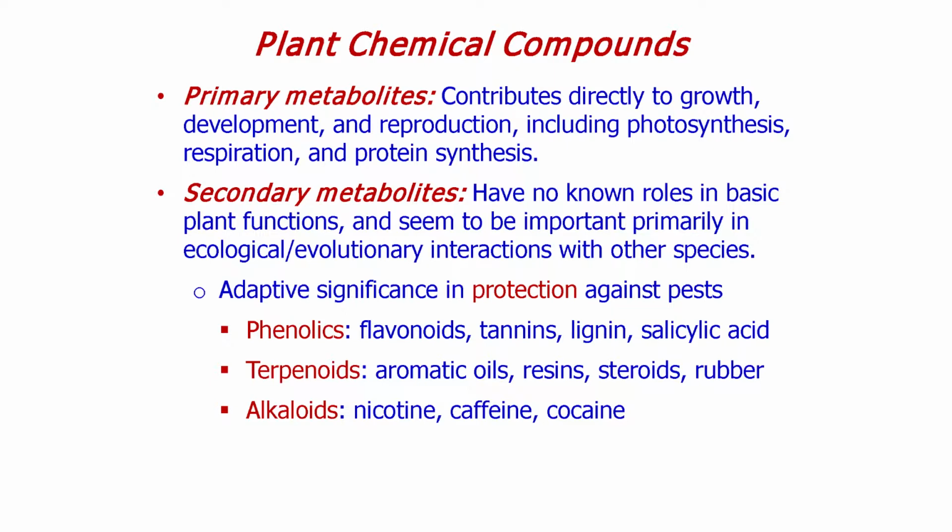They don't have much function in basic plant function. What seems to be important is primarily their role in evolutionary or ecological interaction with other species, and one thing I highlighted here is their adaptive significance in protecting trees against insects and pathogens.